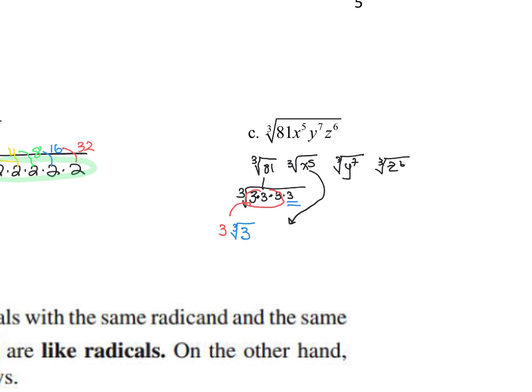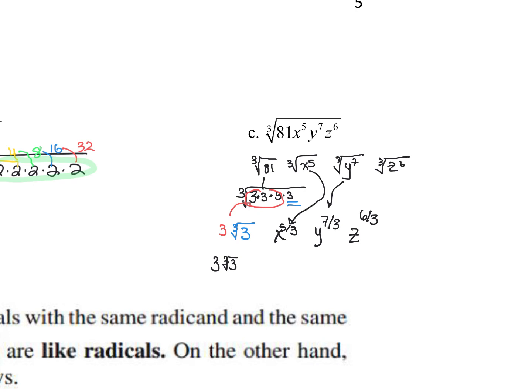This right here is x to the 5 thirds, y to the 7 thirds, the power over root, and then z to the 6 thirds, power over root. Okay, the 3 and then the cubed root of 3 is going to hang out for a second.